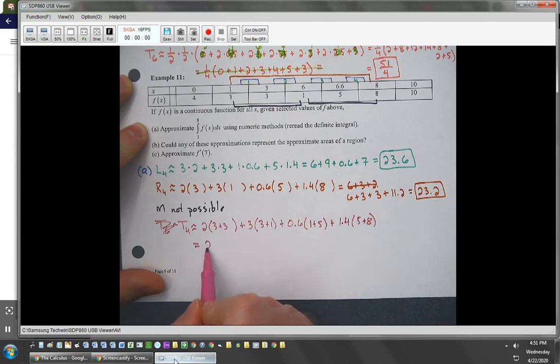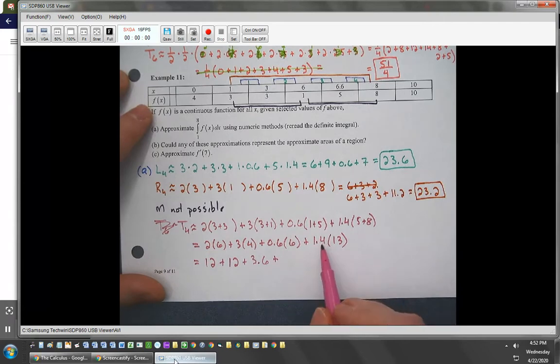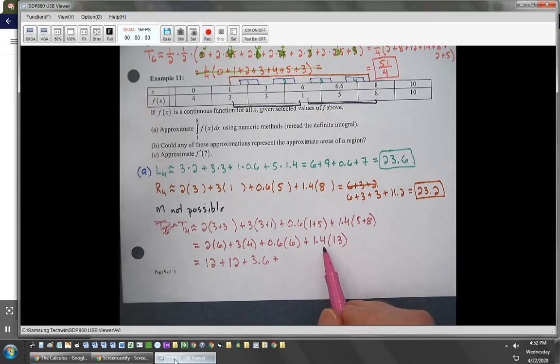So that's 2 times 6 plus 3 times 4 plus 0.6 times 6 plus 1.4 times 13. Yeah, that's the one that's going to get me down. So that's 12 plus 12 plus 3.6 plus, well, 13 times 13 is 169, right?